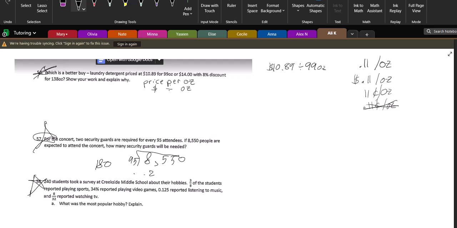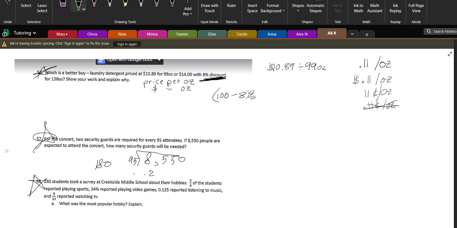Okay, now I want $14 with an 8% discount. So we need to figure out what $14 with an 8% discount is. Whenever you have a percent off, you multiply by 100 minus 8%.